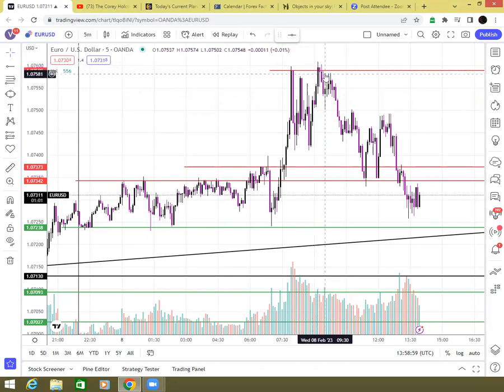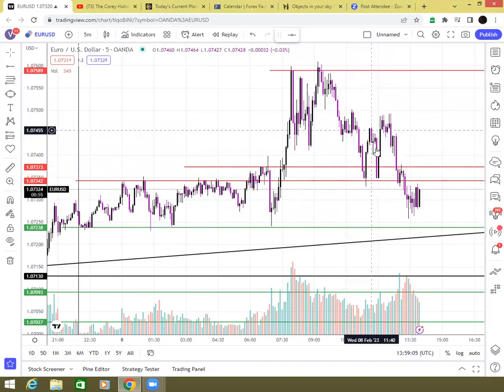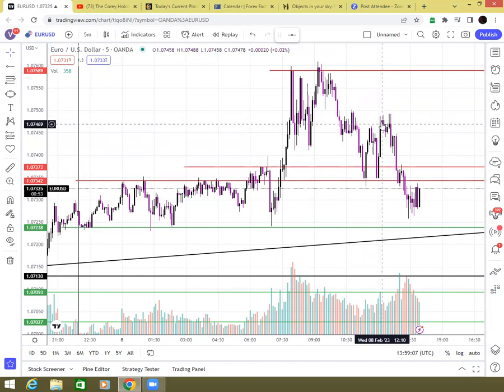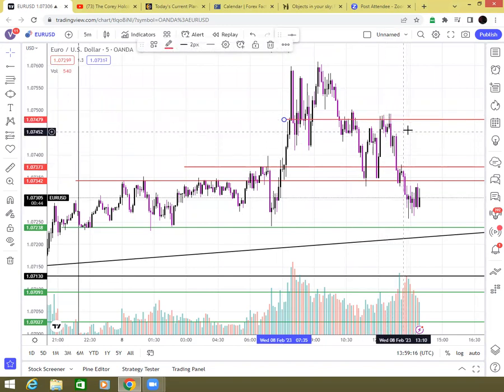Then it started this process of going down for real, right here. So boom, swing low, came up, boom, swing low, came up, boom, hit this area, boom. So that area right there, it respected it, then it fell.